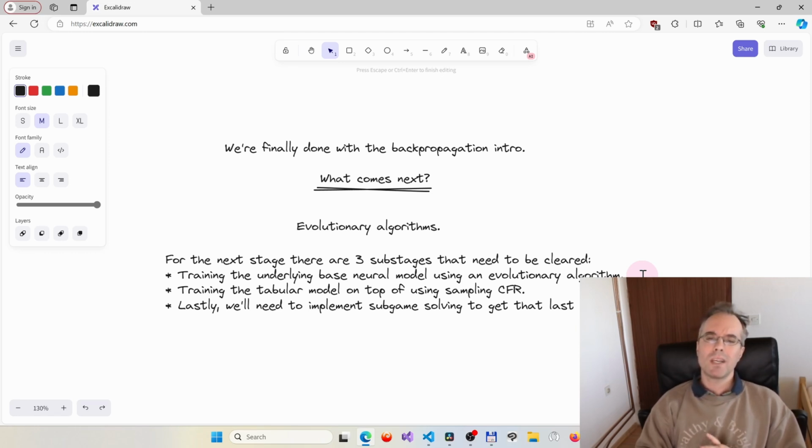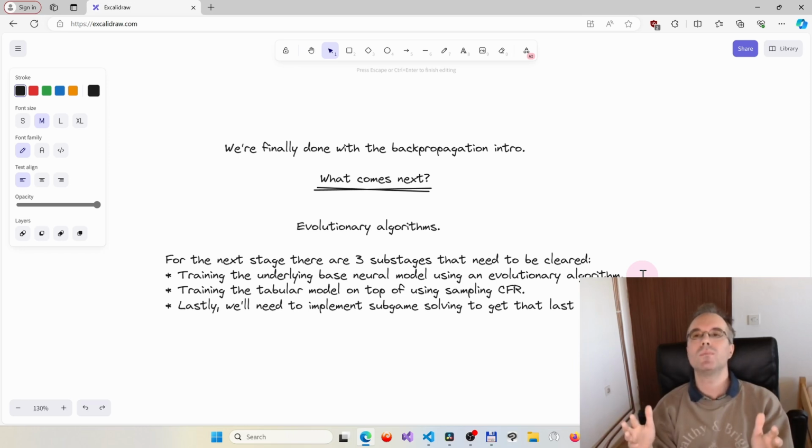Back then, I could have tried using evolutionary algorithms, but it wouldn't have worked. And the reason for that is because the setup that I had back then would have been too inefficient. Back then, I only had the game on the CPU, and I wasn't aware, even though it was 2021, that it would have been possible to implement then what we will be implementing now.